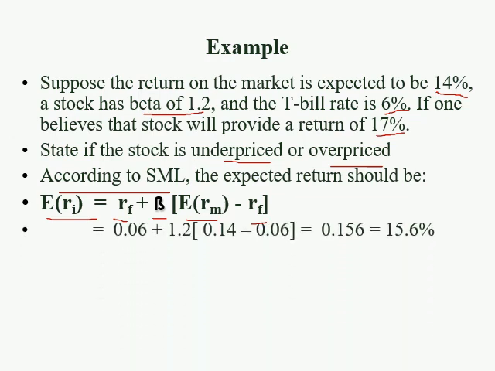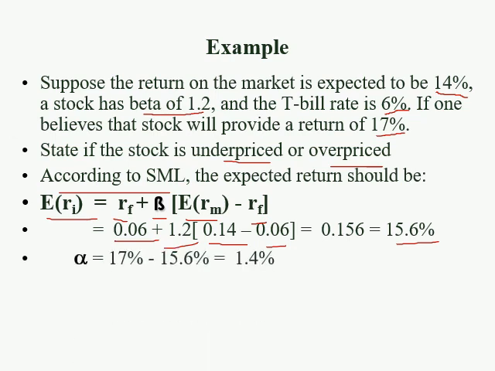So the expected return, or the fair return, of the security will equal RF 6%, that is the T-bill rate, plus beta 1.2 multiplied by the expected market return 14% minus RF 6%, that will be 15.6%. So that is the fair return.